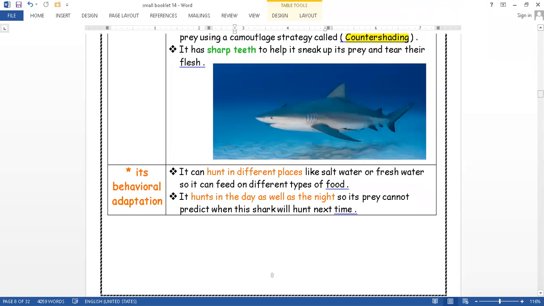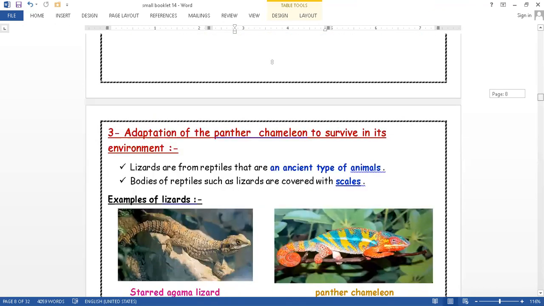But about the behavioral adaptation, we will find that because it can live in fresh water and in salt water, it has different types of food, and it can hunt in the day as well as in the night. So, Junior 4, its prey can't predict when this shark will hunt next. Why? Because it doesn't have a fixed time to hunt.